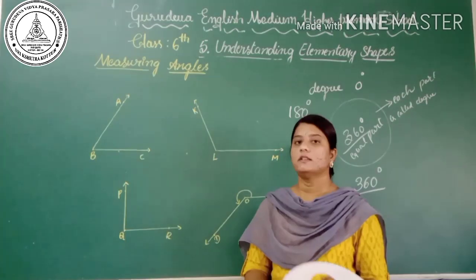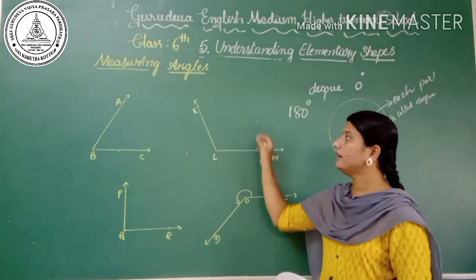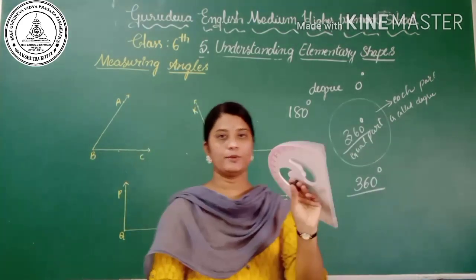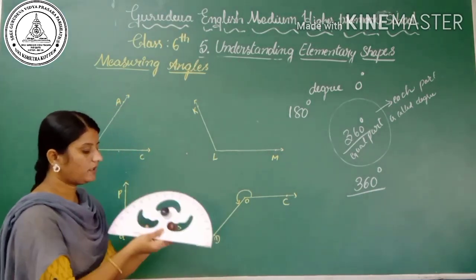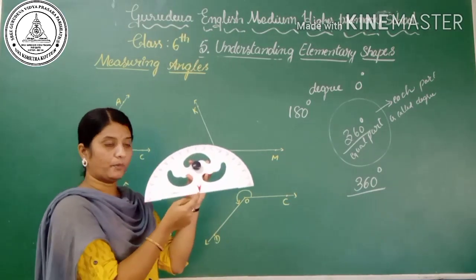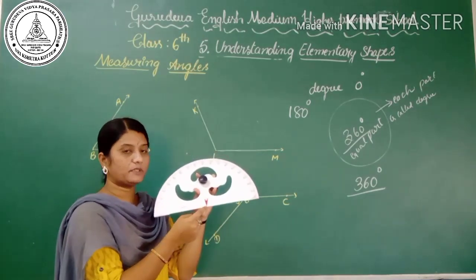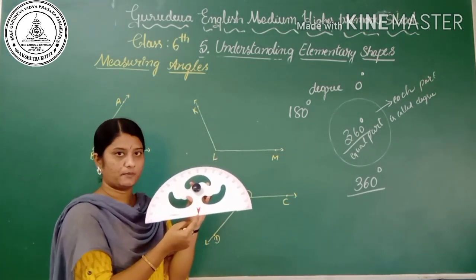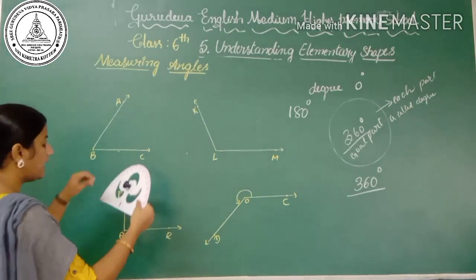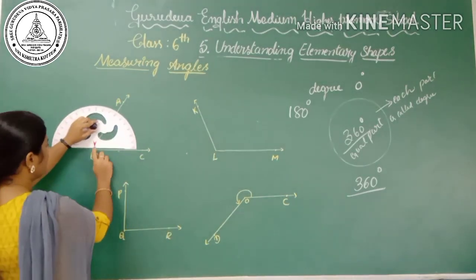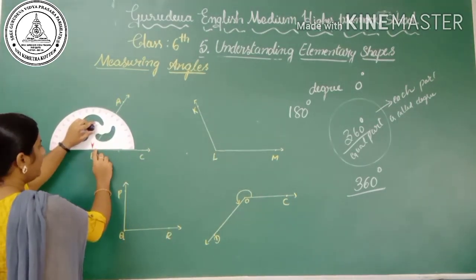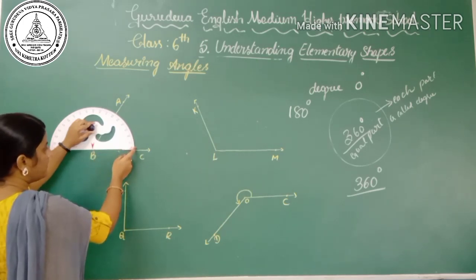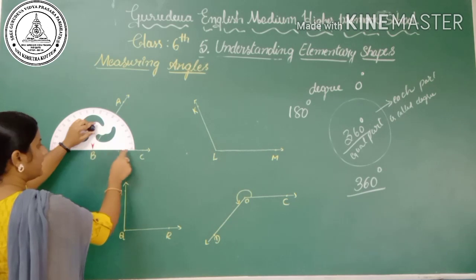Suppose you want to measure the angle ABC, then how do we measure the angle using the protractor? First, see here there is the midpoint. We have to keep the vertex or corner point at this point. So we have to keep the red mark at the vertex B and adjust the line segment BC along the straight line.